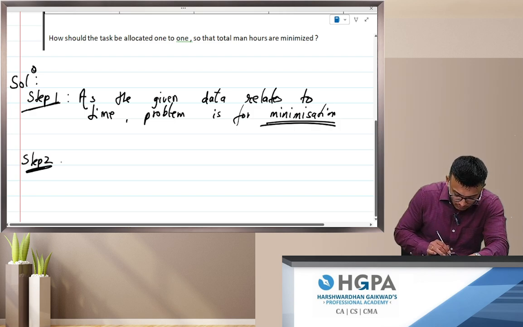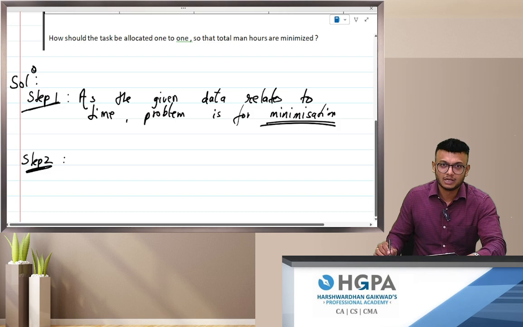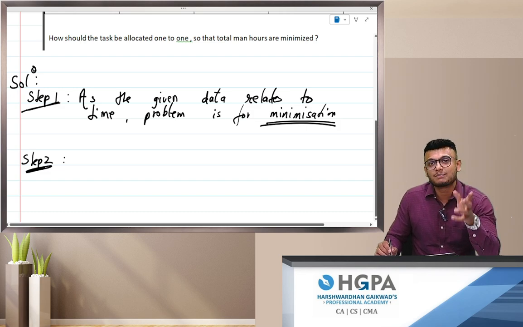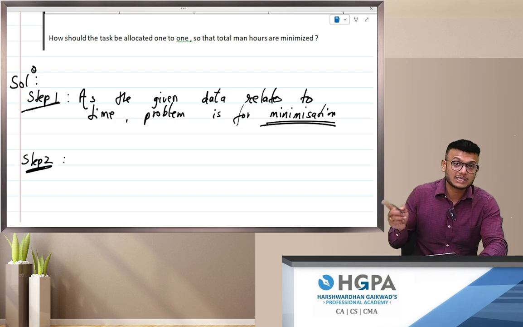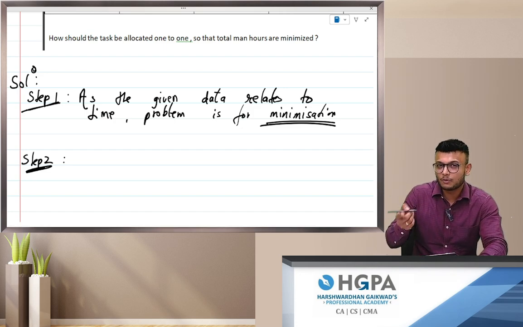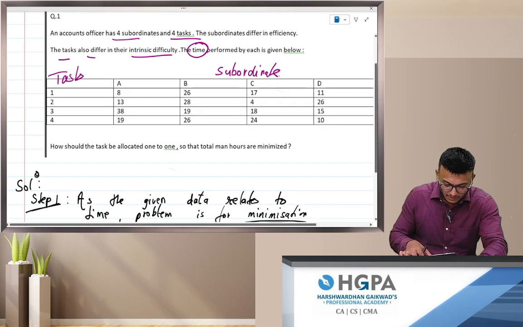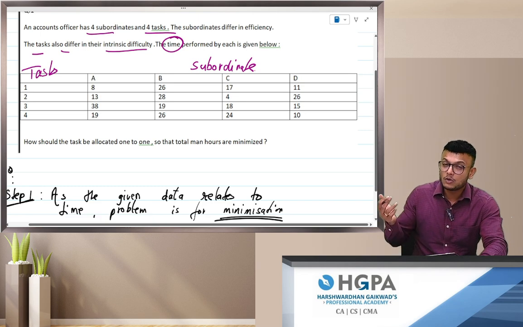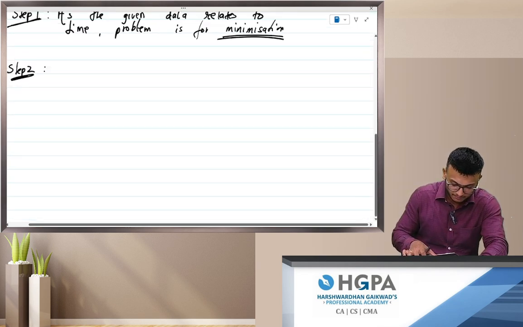Step number 2, what you need to find in this, very simple. You need to find out whether the given question is balanced or not. Now, if you recollect transportation, in that we were supposed to match the total of supply and total of demand, but this is very simple as compared to that. You only need to find out one thing: number of rows must be equal to number of columns, which is actually matching, 4 rows and 4 columns. So what do you write over here?